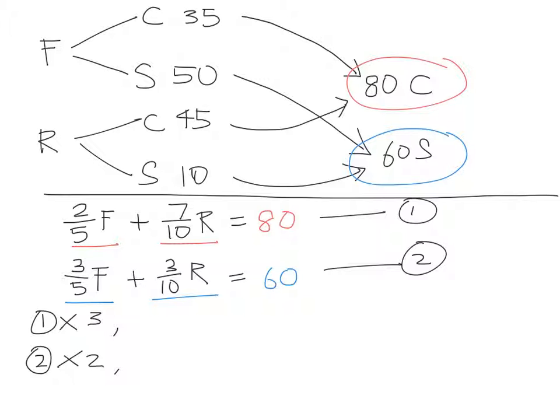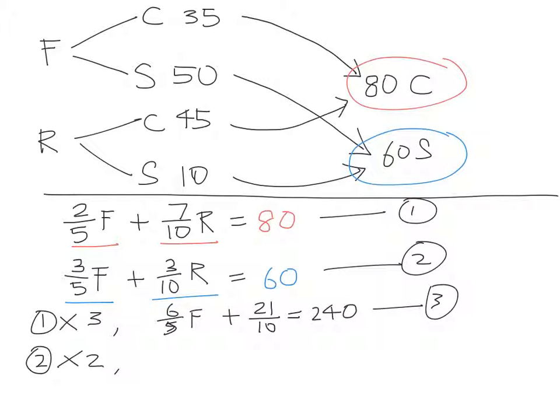So 2/5 of Frederick multiplied by 3 gives you 6/5 Frederick, plus 7/10 of Ryan multiplied by 3 gives you 21/10 Ryan. 80 times 3 gives you 240. So that is our equation 3.